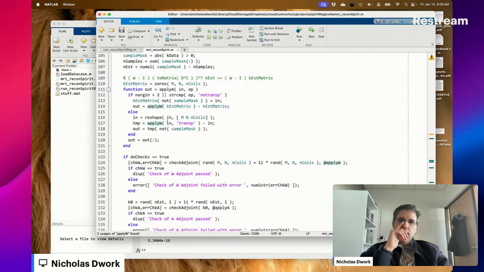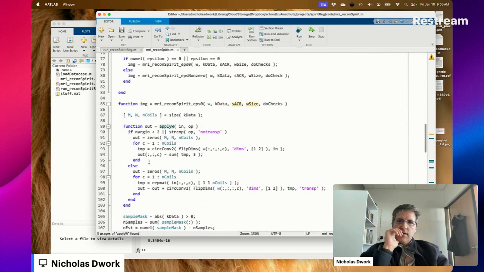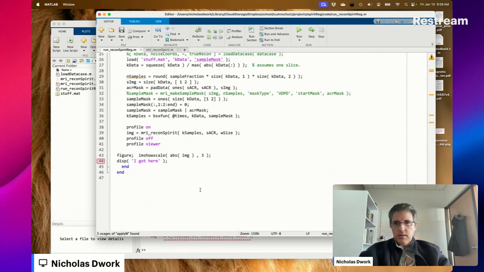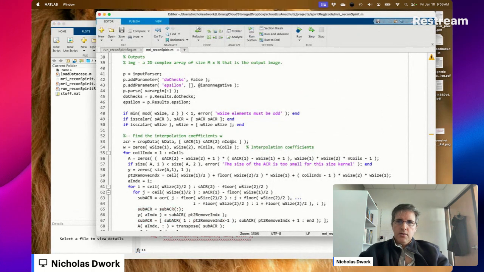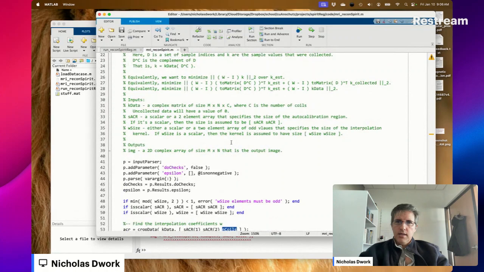All right, I think that code is going to be common to both. This apply W, though, defining here. Yeah, okay, let's see if that works. I think it will. And I was totally wrong. N coils is undefined here. Why?